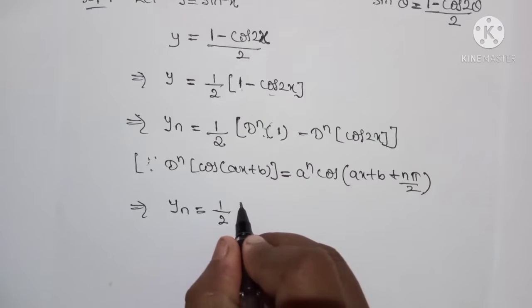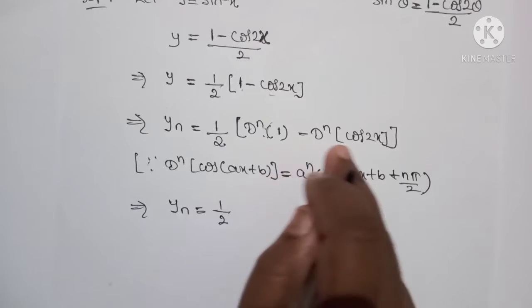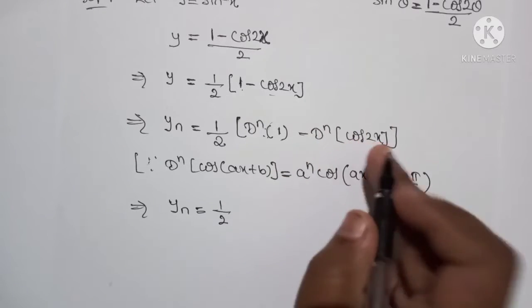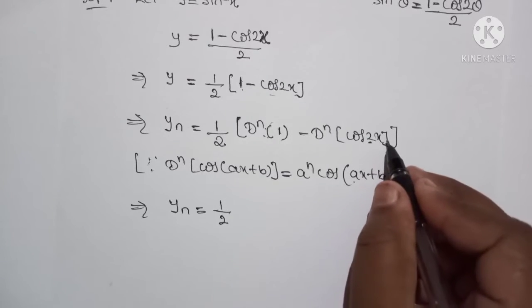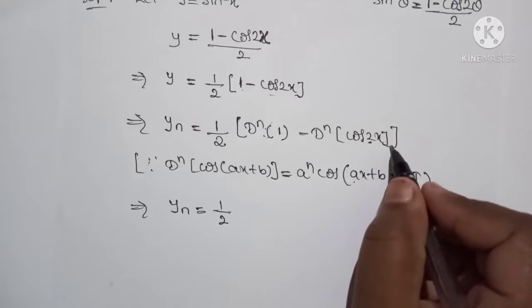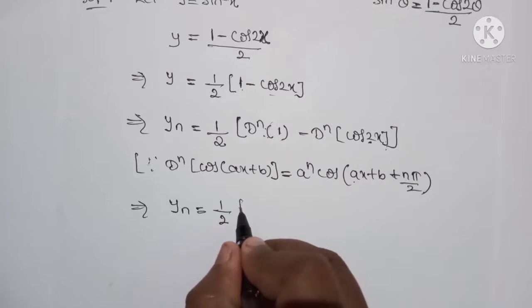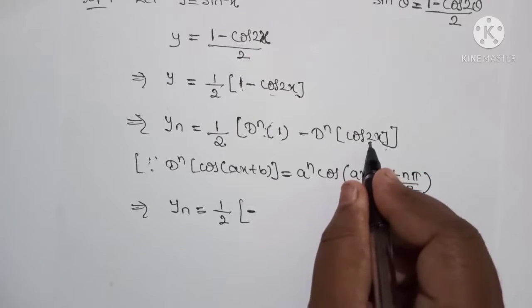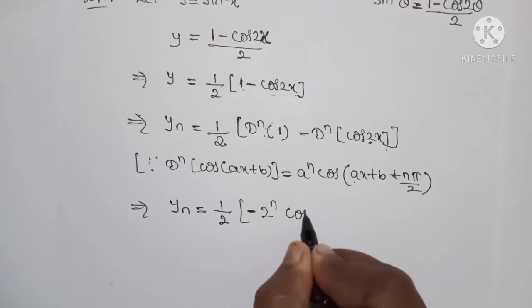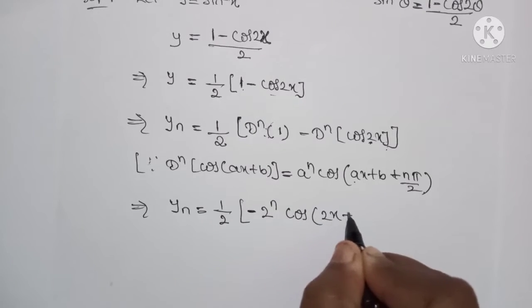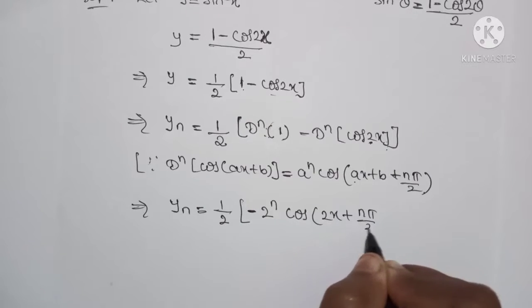Therefore, for the nth derivative of cos 2x, the value of a is 2 and there is no b term. So this can be written as minus 2 raised to n cos of (2x plus n pi by 2).